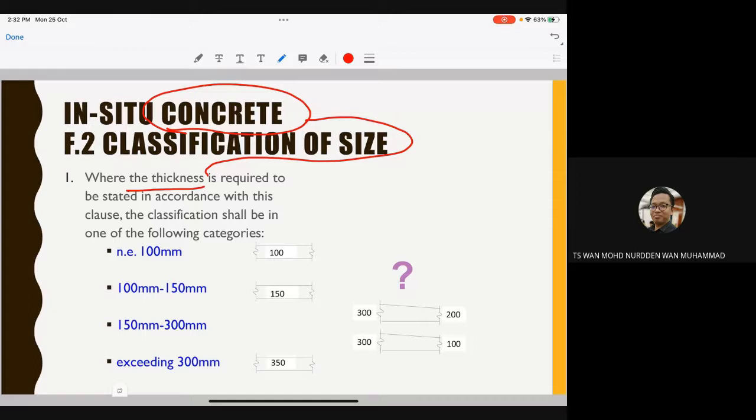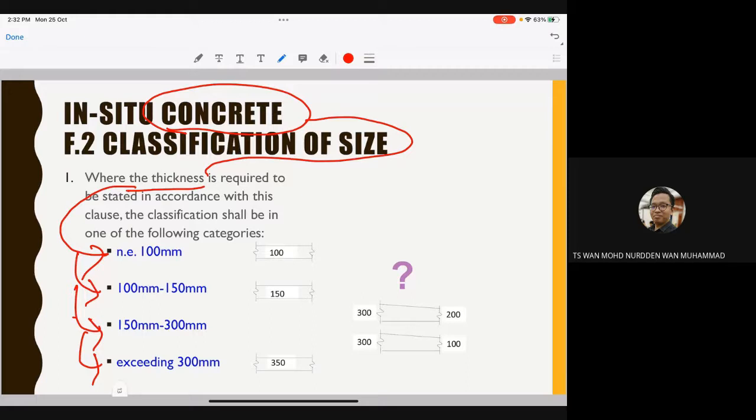So kita kena mention the thickness according to this categories lah. Apa kategori dia? Shall be given in one of the following categories, not exceeding 100 mm, 100 to 150 mm, 150 to 300 mm, or exceeding 300 mm. Kalau exceeding 300 mm, biasanya dia akan jadi meter cube lah.